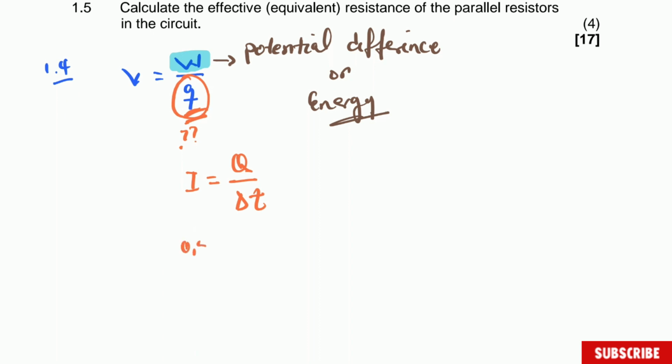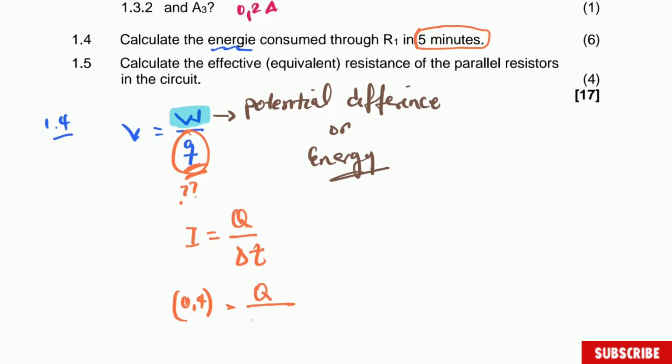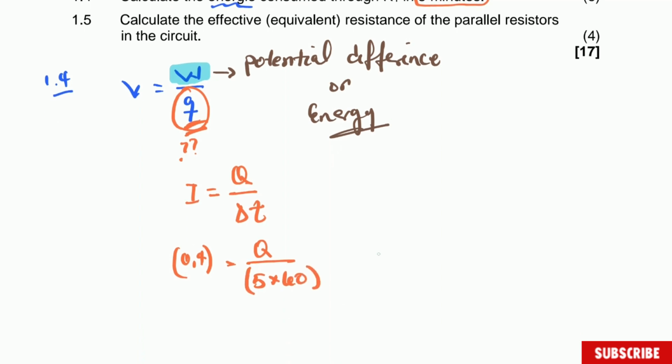Current is 0.4 and the time is equal to 5 minutes, but we cannot work in minutes, so it will be 5 times 60 because 1 minute has 60 seconds, saying that the charge is going to be equal to, and when we substitute there, the answer is 120 coulombs. All we have to do is to take this charge and substitute it there so we can calculate the energy.